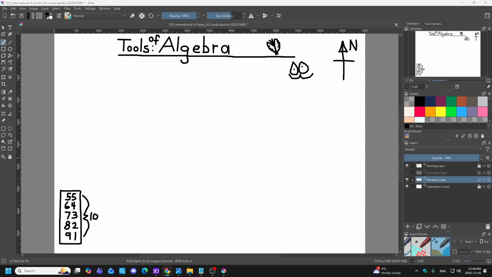Okay, we are now doing 10.64 divided by 1.4. Basically, we're going to do the exact same thing that we had done earlier.